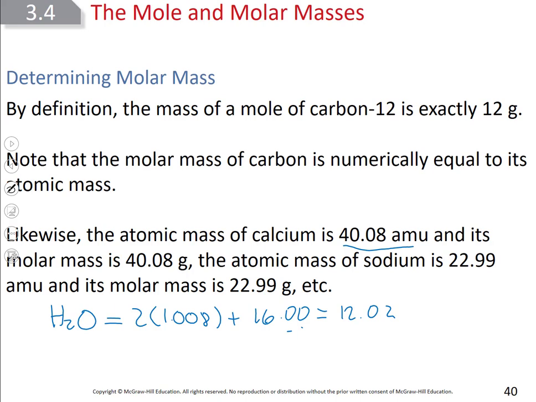Atomic mass units, or grams per mole, which means we can use this. This is the molar mass of water. We can use this to convert between grams of water and moles of water. 18.02 grams per mole.